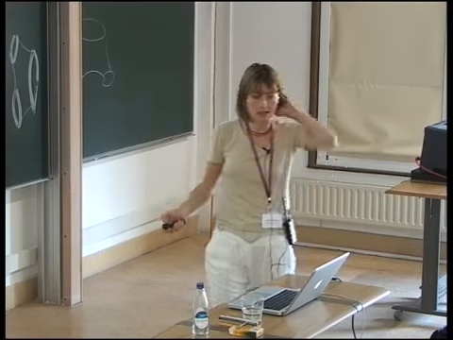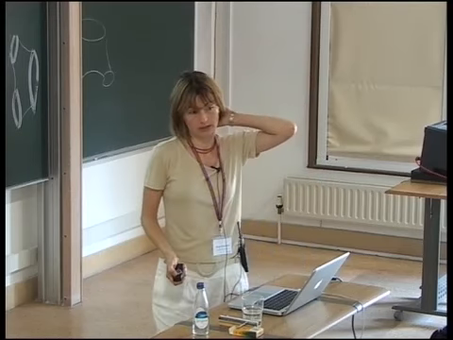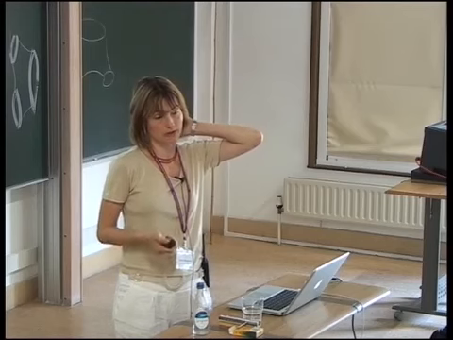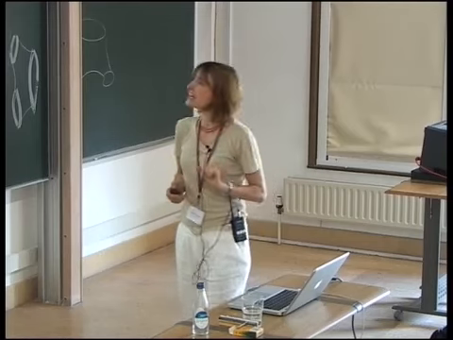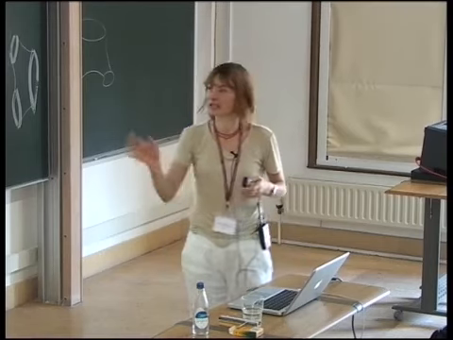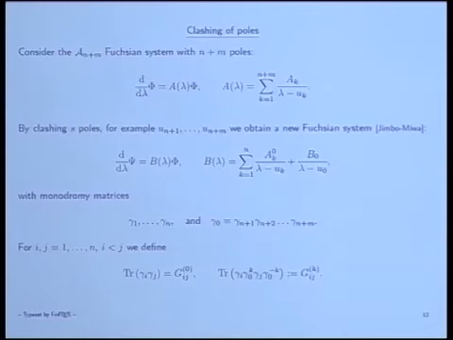It's a very beautiful result by Jimbo and Miwa, which maybe we can talk about later because it's fairly technical. To be able to have Fuchsianity, you have to be really careful. And so I don't think I can do this now.